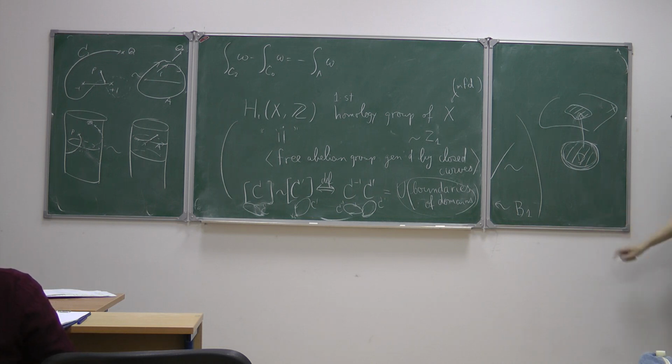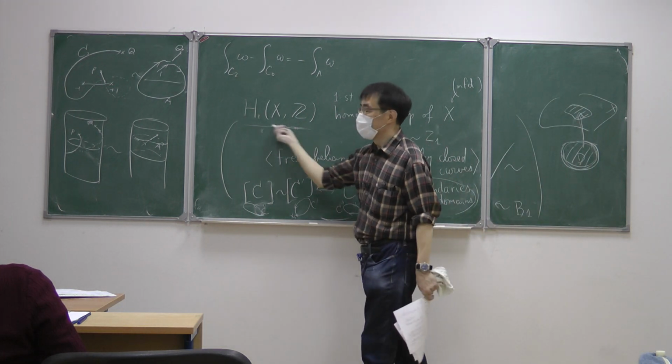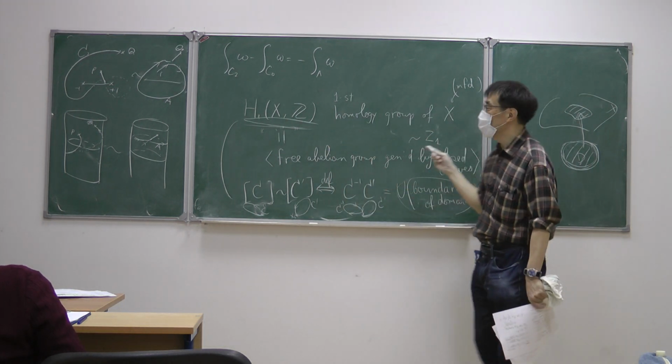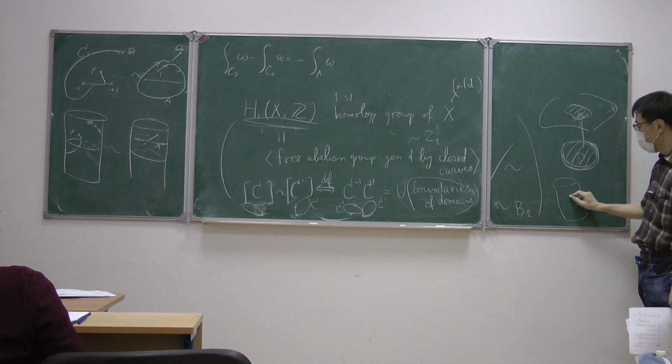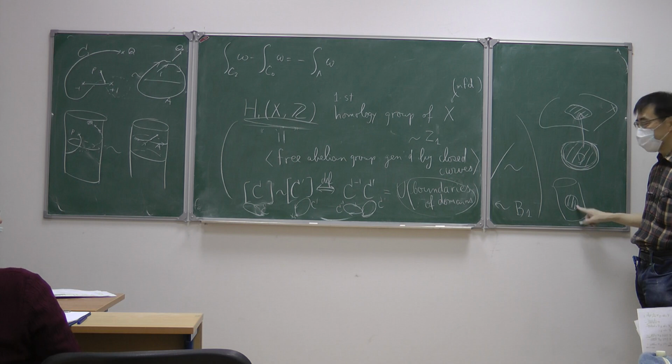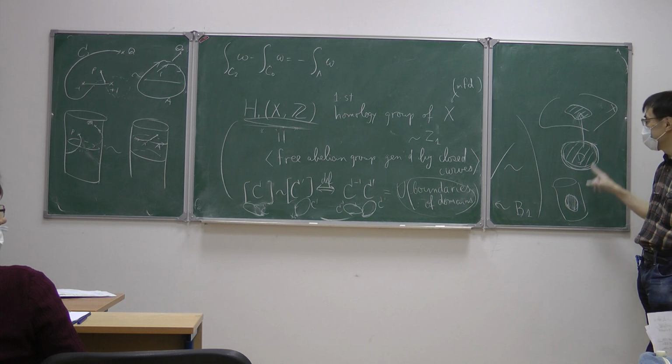Why will the image of the boundary be exactly the boundary of the image? Not exactly, and the difference is counted by this. So for example, in this case, such a circle is exactly the boundary of this disk.